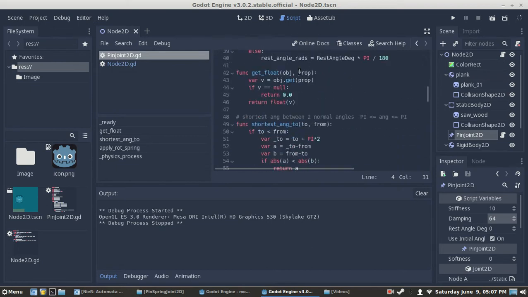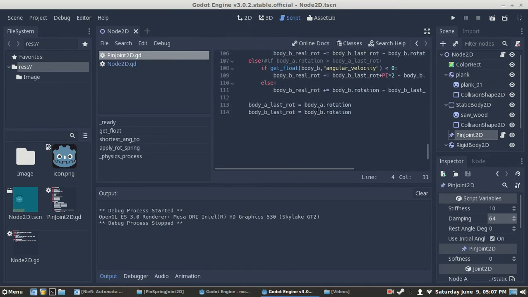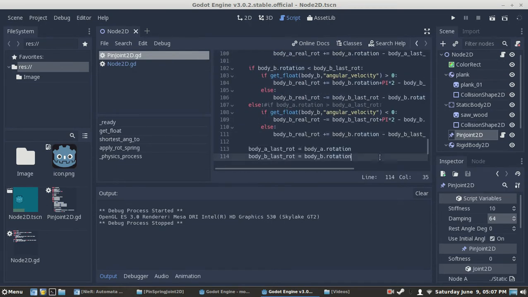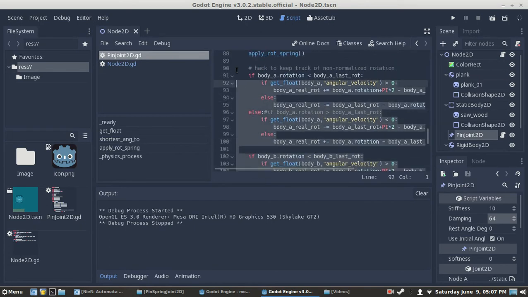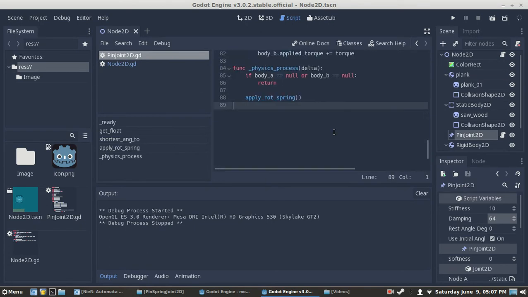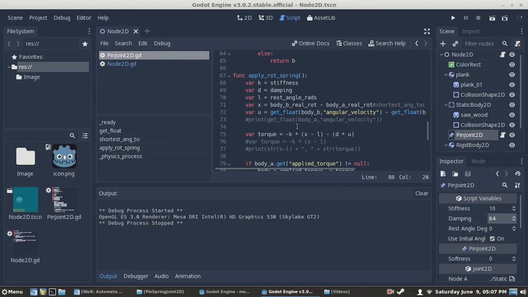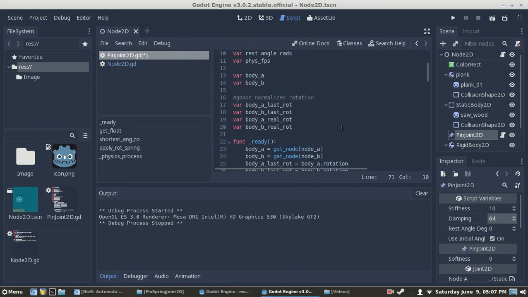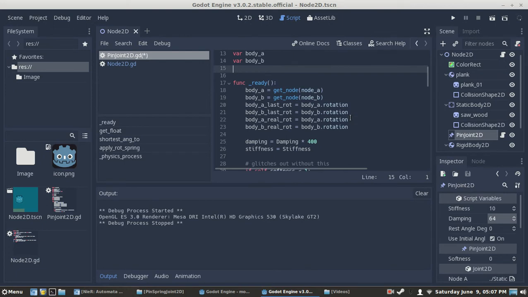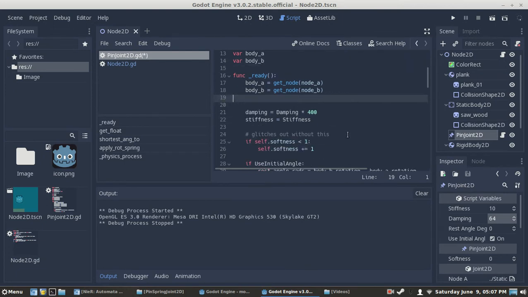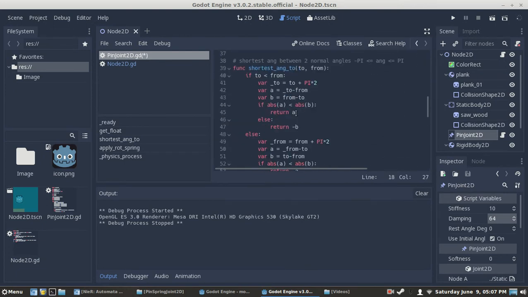That is a result of this code I added to keep track of multiple twists of rotation, so I could get a wind-up effect, but that's not really necessary because it introduces the problem of position drift. What I can do is remove all this, and make a shortest angle function.